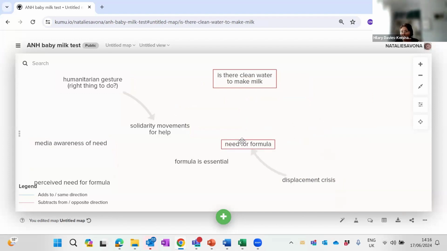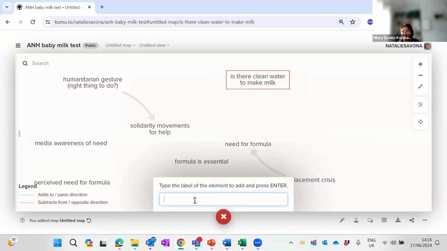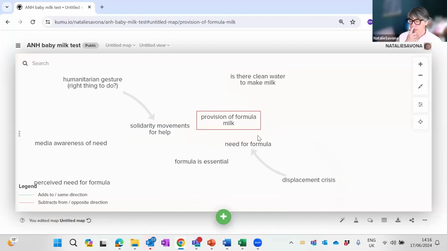And then it might be causing more problems with diarrhea, etc. So it was more about maybe wanting to help, but maybe a misunderstanding of the environment, or I don't know if that's correct. No, there's nothing that's not correct on here.